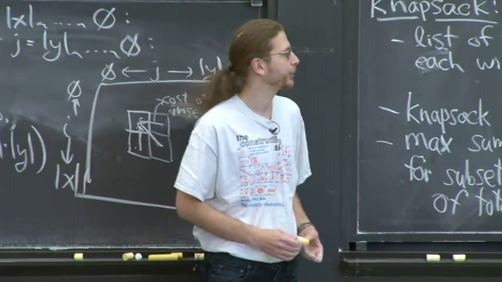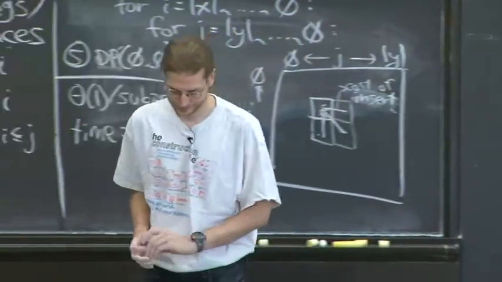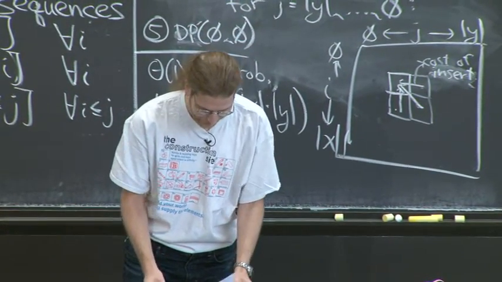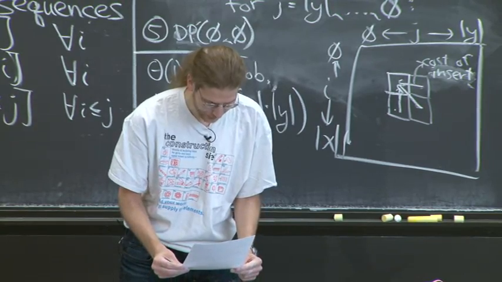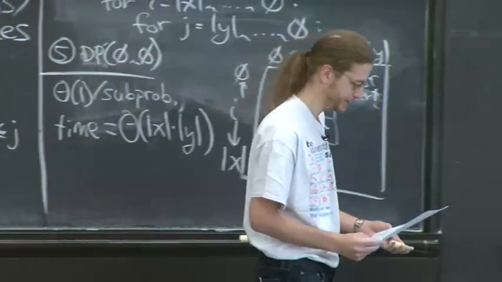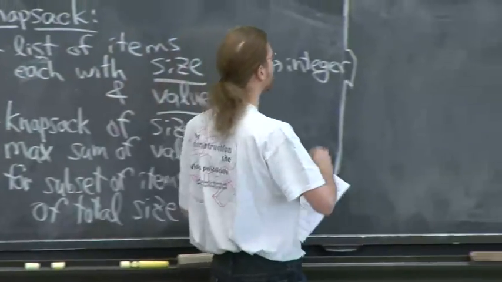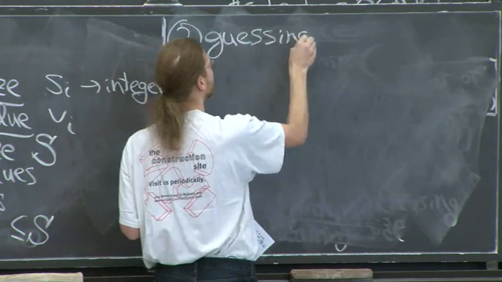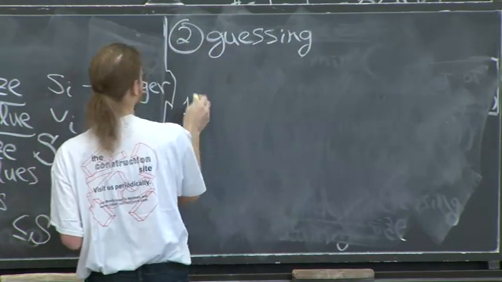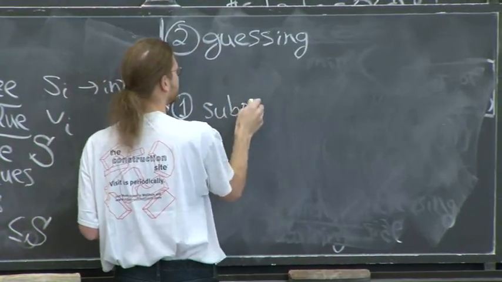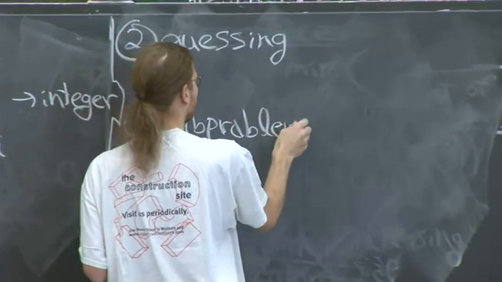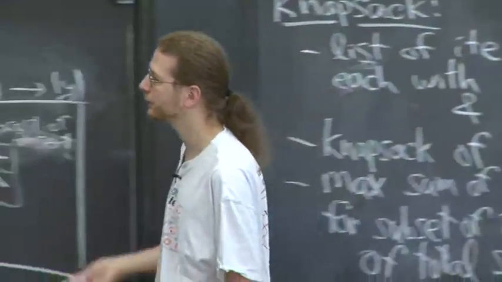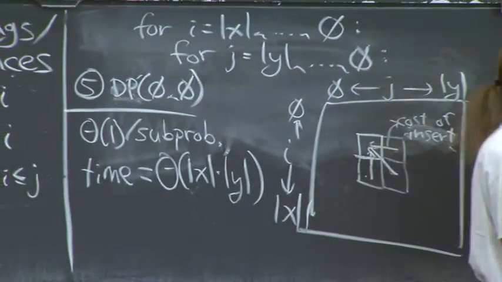How do we do this with dynamic programming? With difficulty. Don't have a ton of time, so I think I'm going to tell you, well, let's see. Start with guessing. This is the easy part for this problem. All right, we should also be thinking about subproblems at the same time. Okay, even though I said we were leaving sequences, in fact, we have a sequence here. We have a sequence of items.